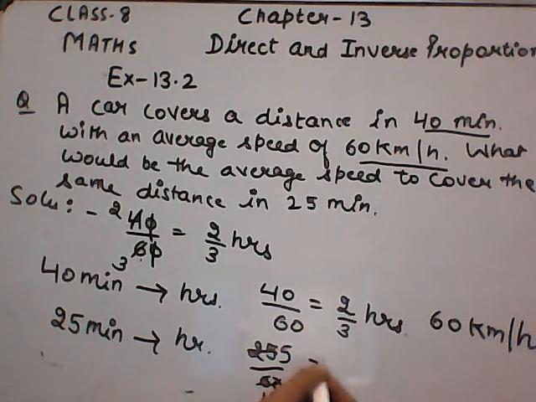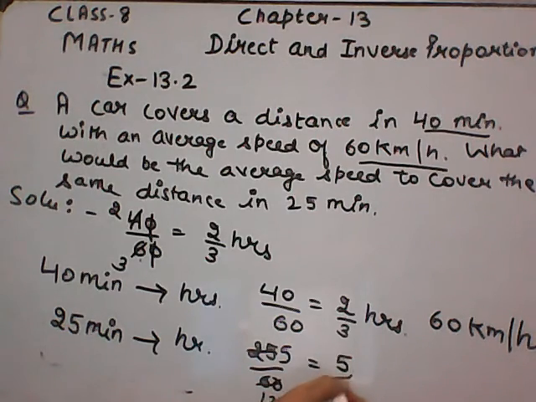It is 5 by 12 hours. That means you have to find the average speed of the car to cover the same distance in 5 by 12 hours. As the time decreases, average speed increases. So these are in inverse proportion.